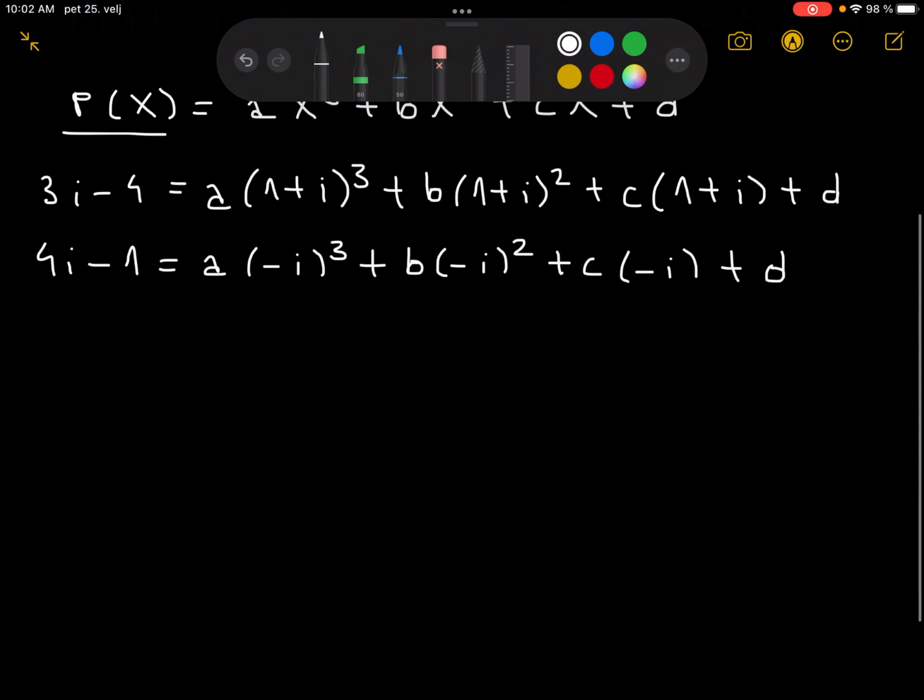Now, in order for this to be written as concisely as possible, I'm going to calculate the powers of 1 plus i and negative i, respectively, below.